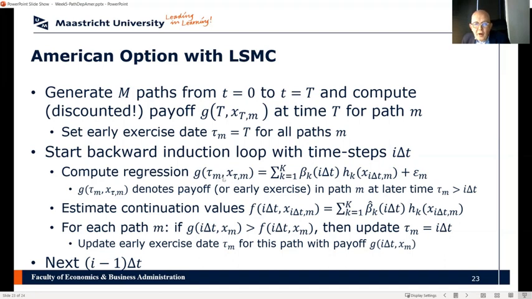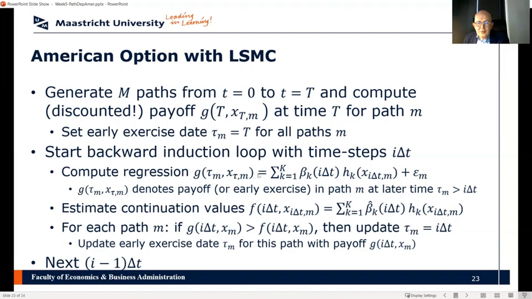I know the payoff X at tau comma m that I'm going to get in path number m at my stopping time tau. All these stopping times lie at later dates beyond i delta t, and I'm going to regress those future payoffs at those later dates onto basis functions at the current time slice i delta t.